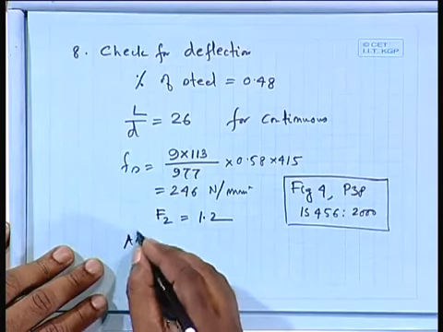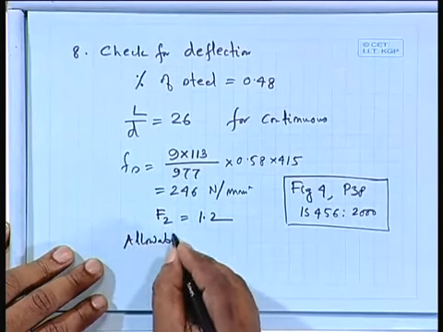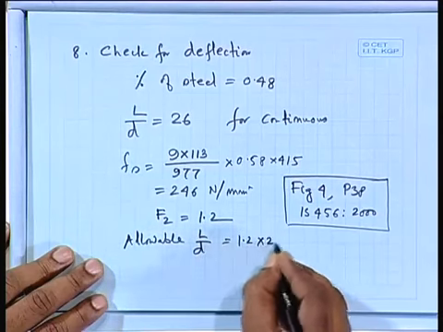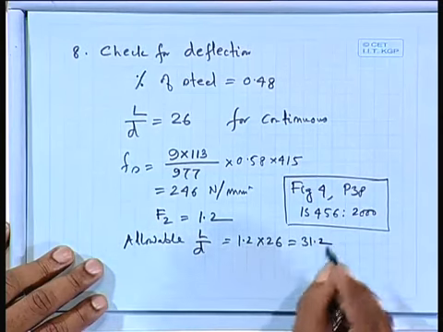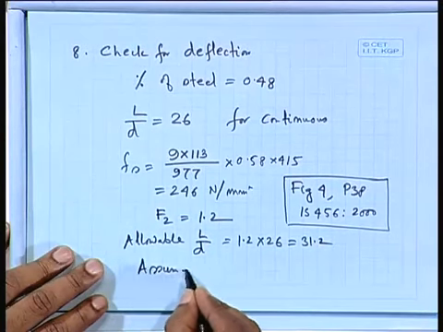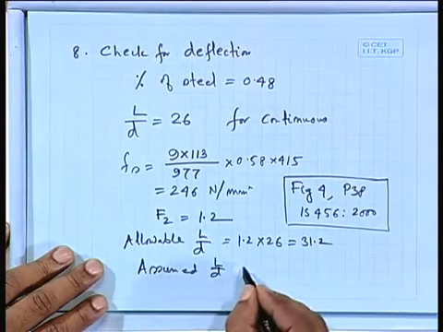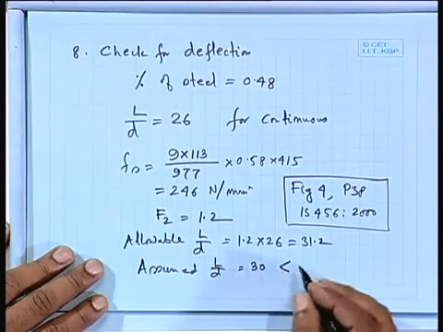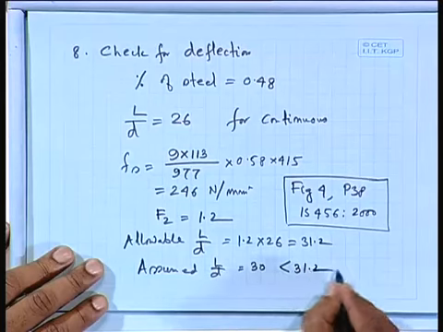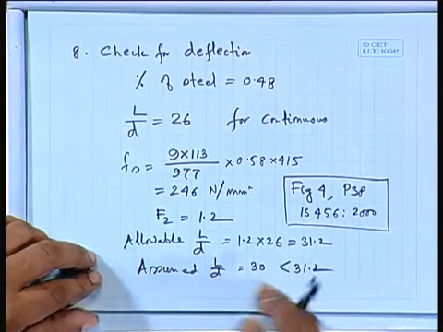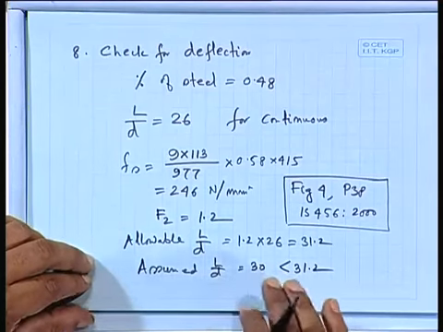So allowable L by D equals 1.2 into 26, equal to 31.2, and we have assumed L by D as 30, which is less than 31.2. That means it is acceptable, this is okay.